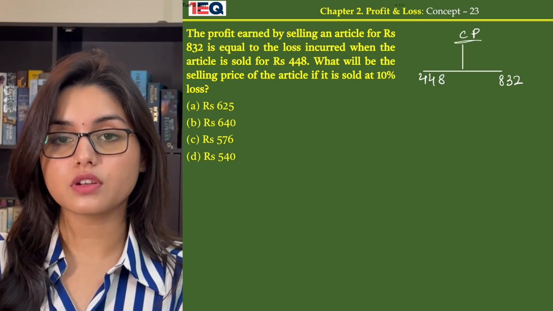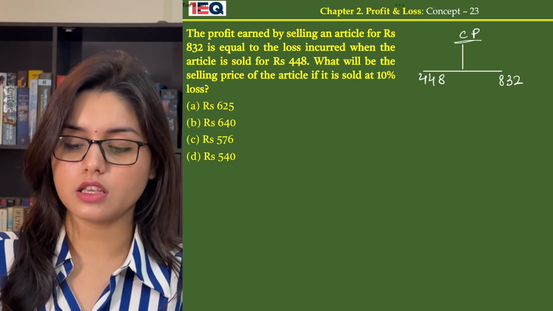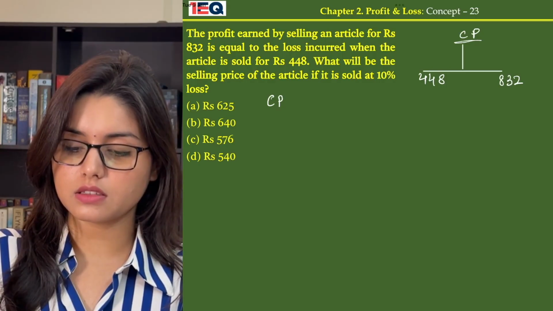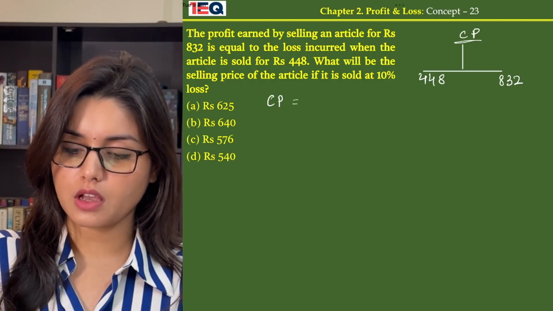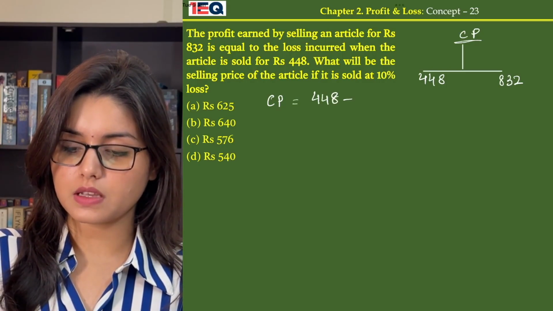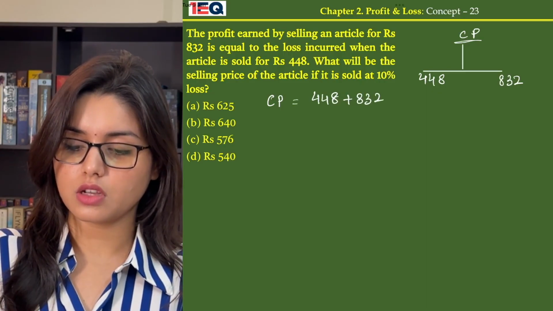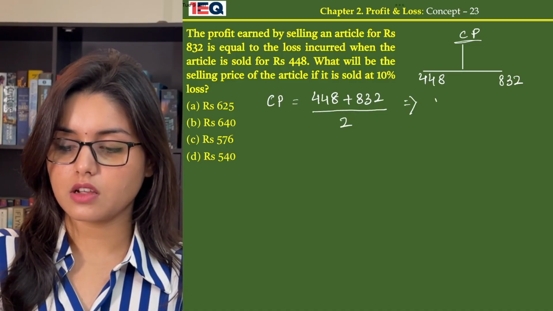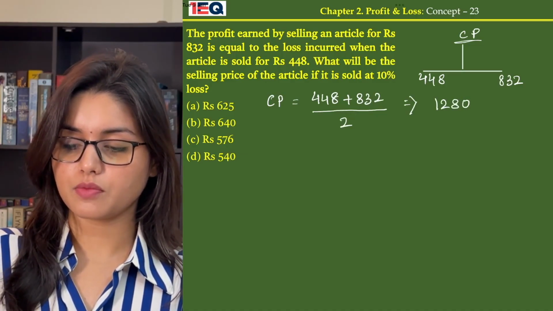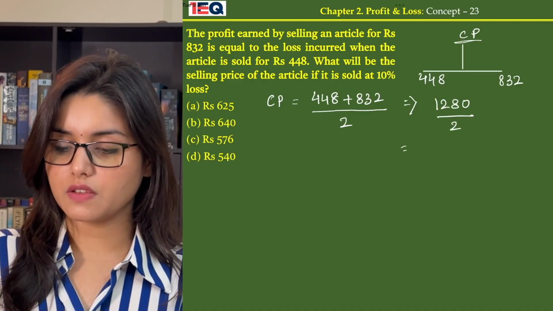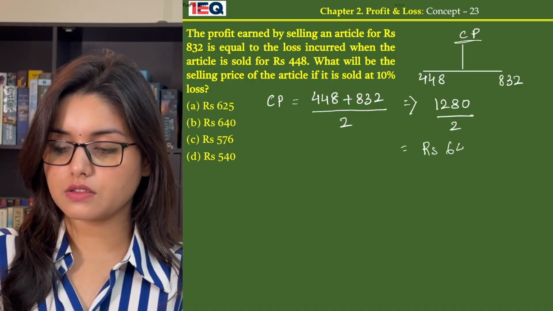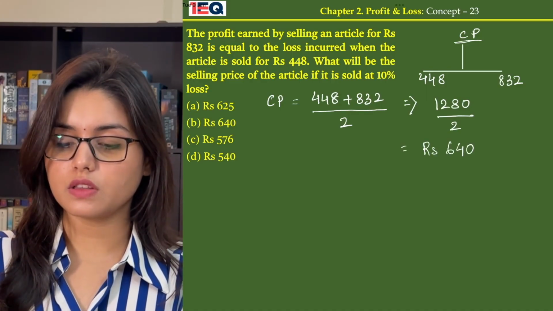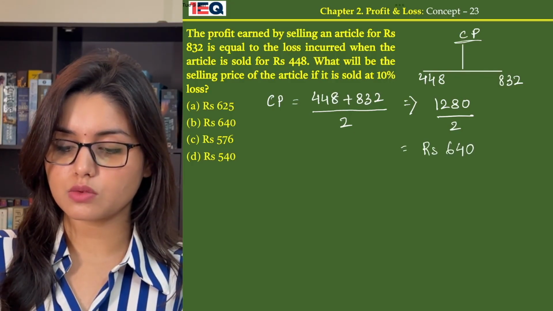Since the profit earned and the loss incurred are equal, we can get the cost price directly from this: 448 plus 832 divided by 2, that is 1280 by 2, which gives us rupees 640.